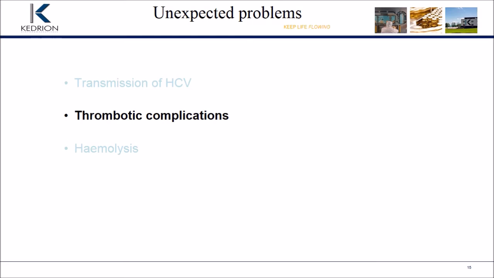I want to now move closer to our era and talk about the well-known phenomenon, which I think many of you are familiar with, of thrombotic complications. And you know that, again, somewhat unexpectedly, about 4 or 5 years ago, the Octagam product in particular was pulled out of the market on both sides of the Atlantic by all the regulatory authorities because of a higher than expected risk of thromboembolic events.